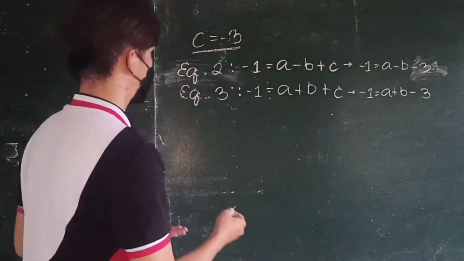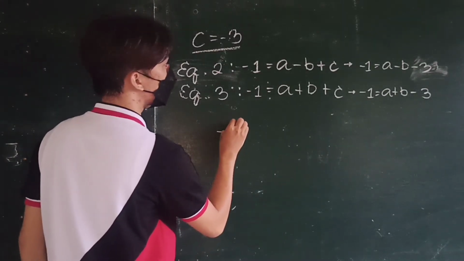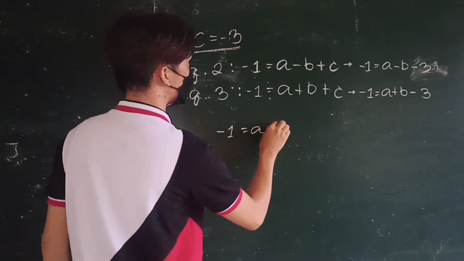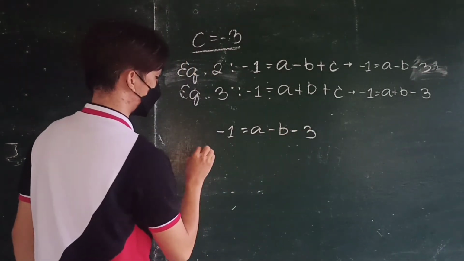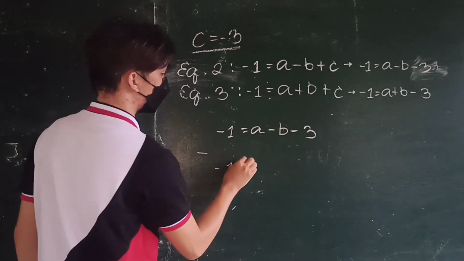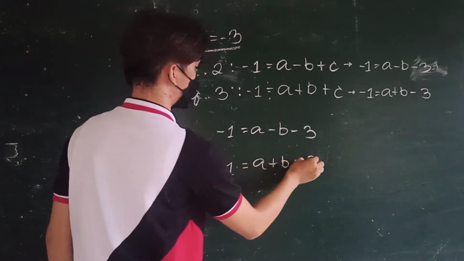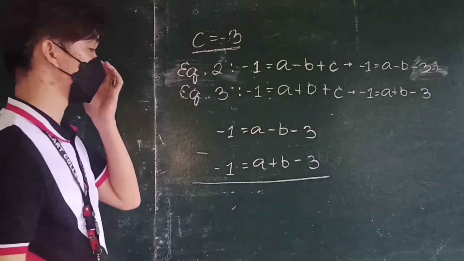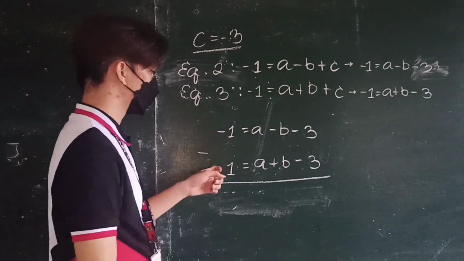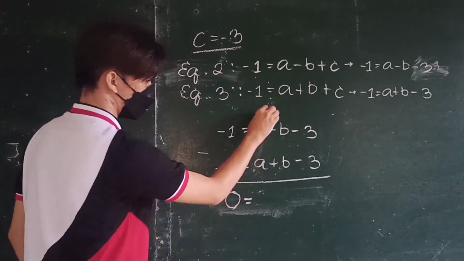This time, we are going to find the value of b using the elimination method. So we write equation 2, and we're going to subtract equation 3. We chose subtraction in order to get the value of b, in order to cancel a. Negative 1 minus negative 1 is 0.